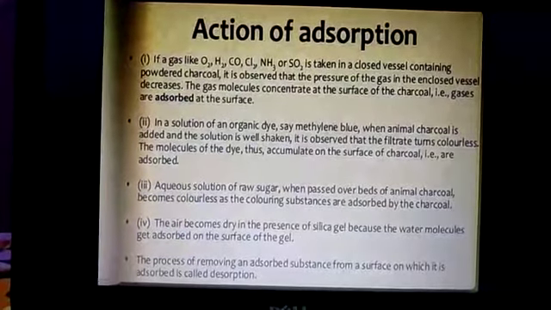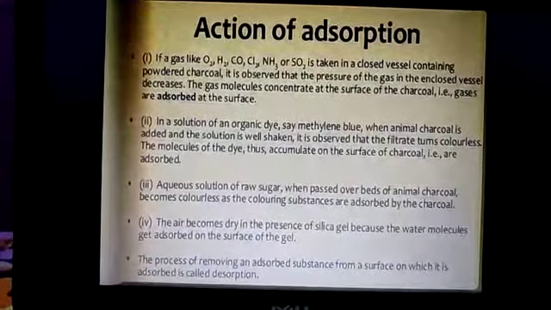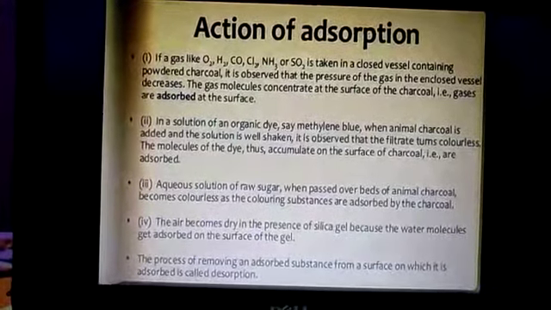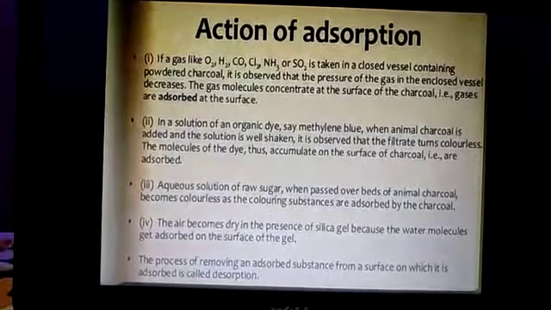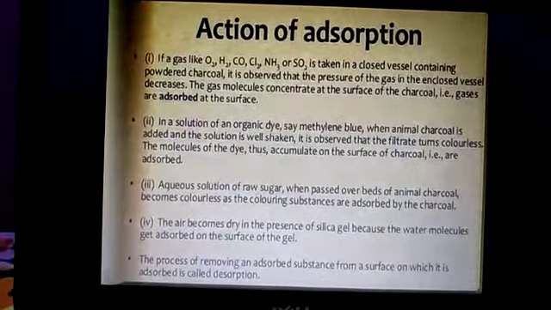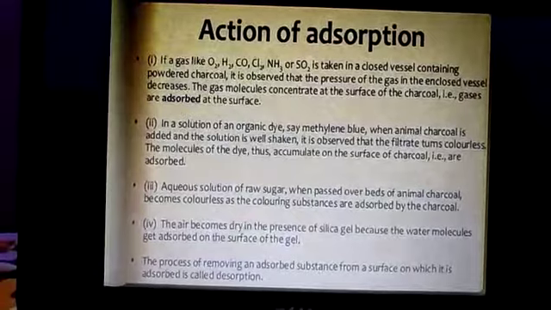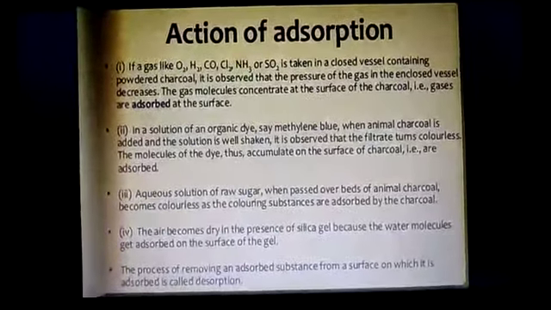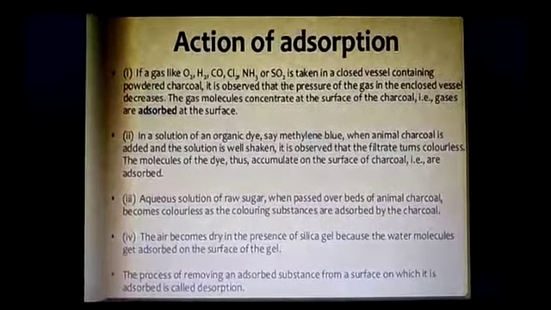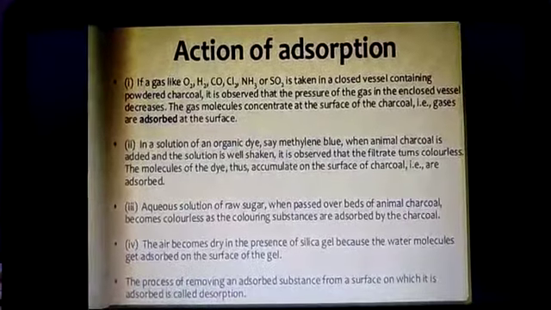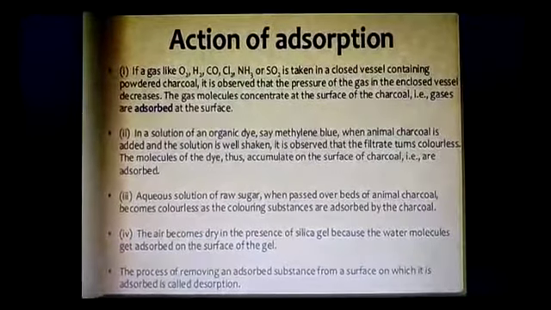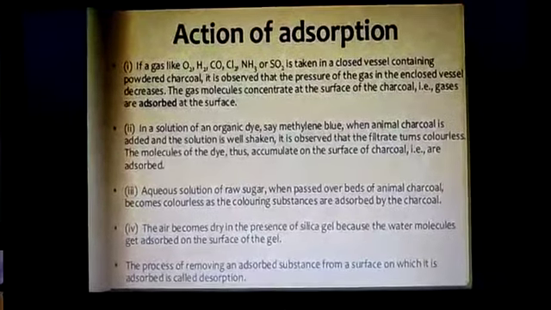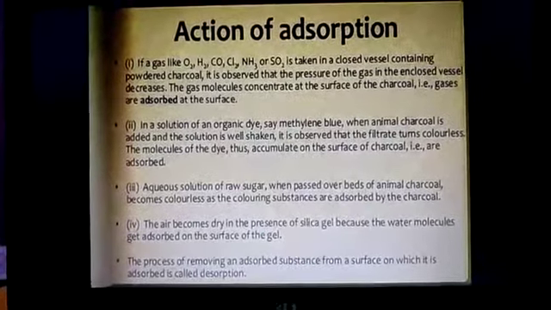The third example of adsorption: raw sugar, when passed over beds of animal charcoal, becomes colorless as the coloring substances are adsorbed by the charcoal. Air becomes dry in the presence of silica gel because the water molecules get adsorbed on the surface of the gel. The process of removing an adsorbed substance from the surface on which it is adsorbed is called desorption.